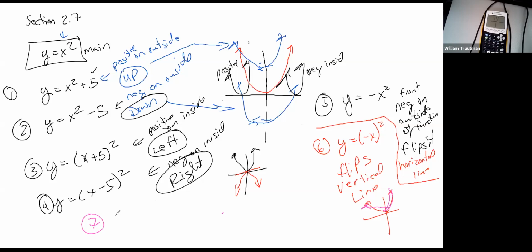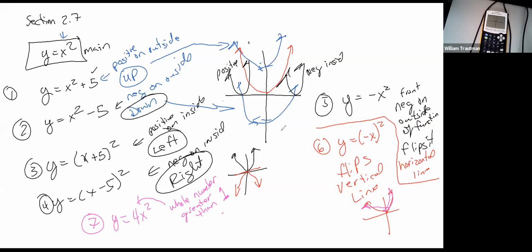All right, so number 7, y equals 4x squared. So for number 7, it's a whole number greater than 1. So we're going to put a number greater than 1 in front of the x squared. And for number 8, I might as well do number 8 also.